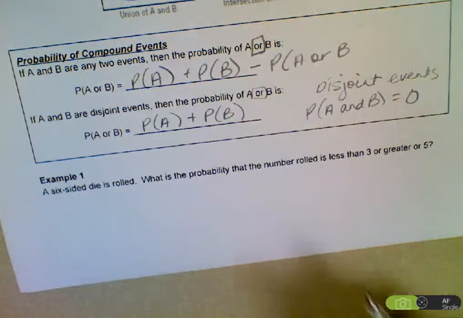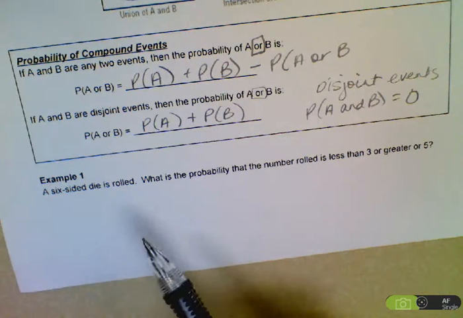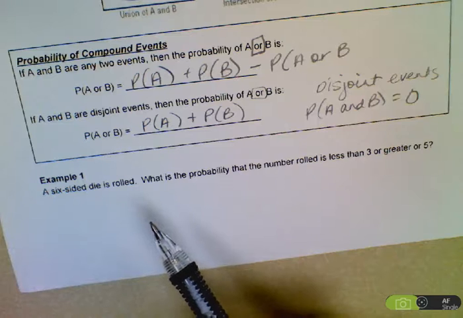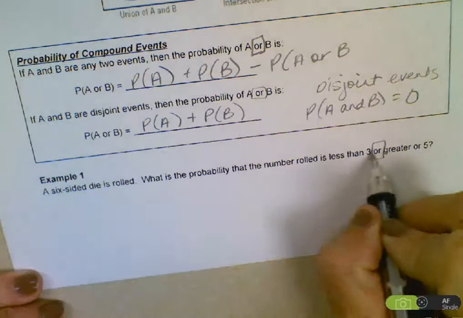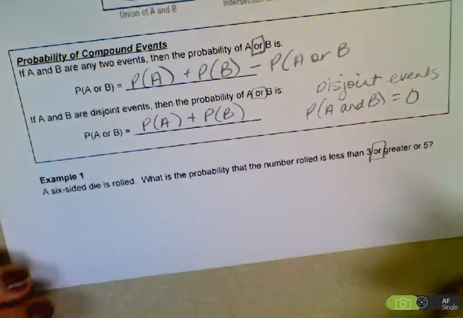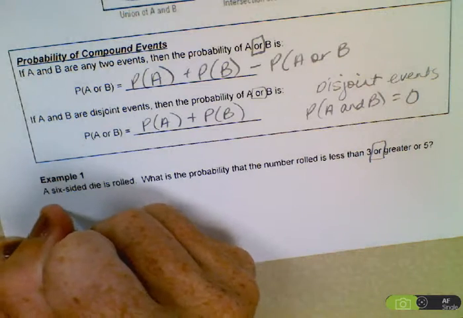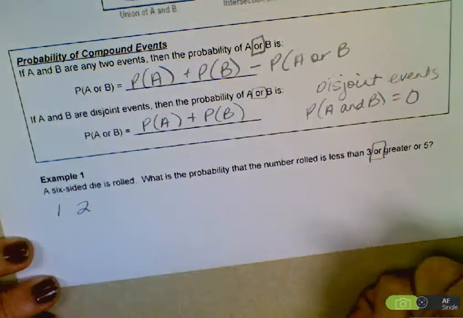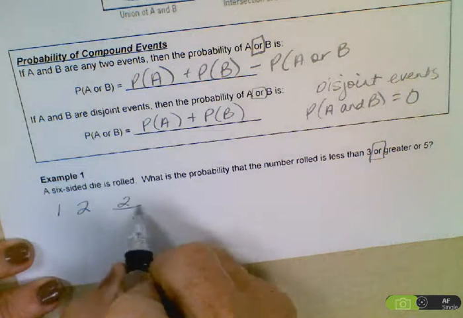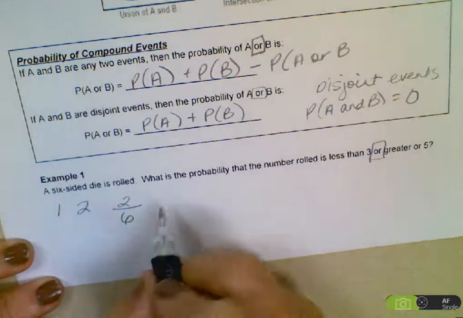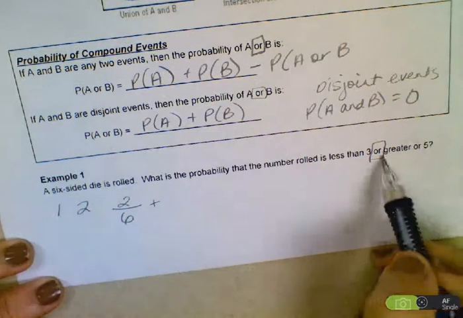So, for example, when a 6-sided die is rolled, what's the probability that the number rolled is less than 3 or greater than 5? Less than 3, we have the options of 1 and 2, so 2 options out of 6, plus greater than 5.